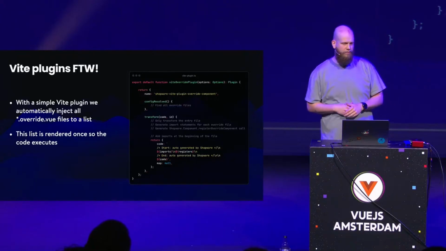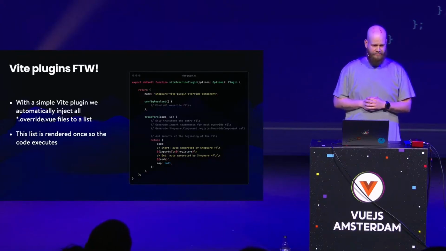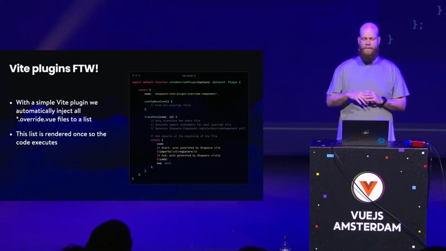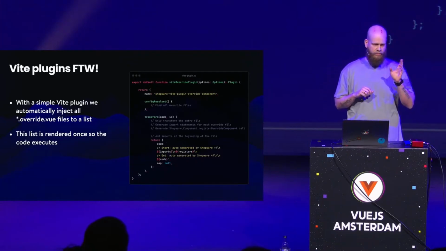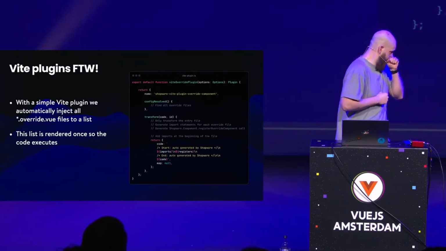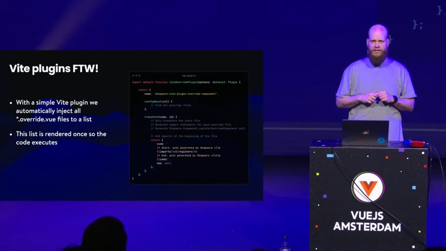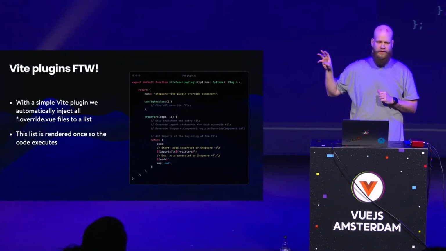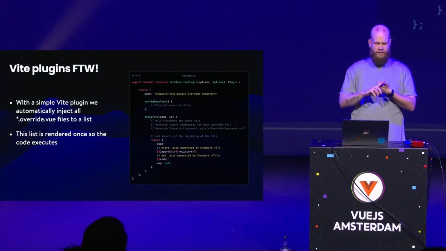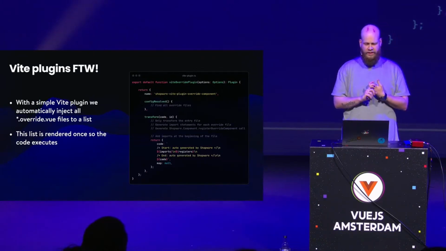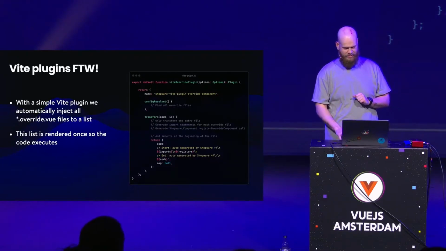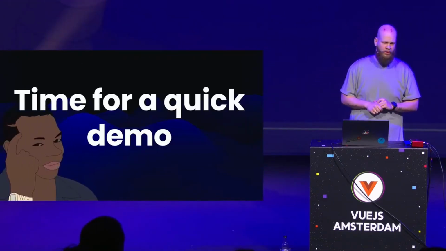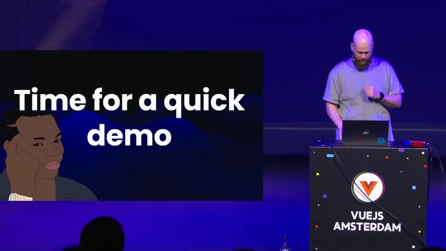And thanks to the power of Vite and really simple plugins, we can write it so that for every plugin in Shopware, a something.override.vue file is automatically injected into the main entry file of that plugin, an import is added, and a component register override component is added. But a lot of talking, and talking is cheap, so time for a quick demo.